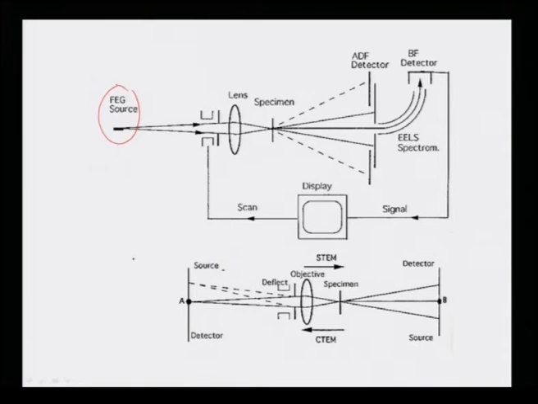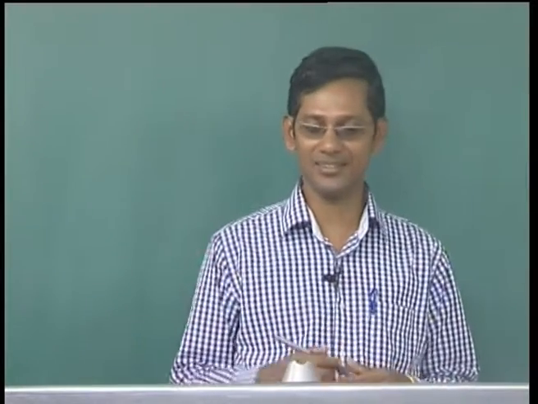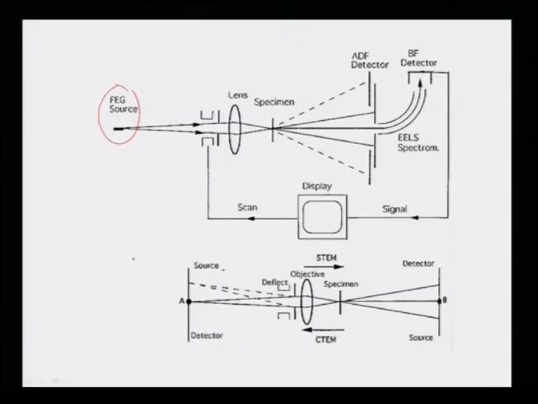Once the convergent beam falls on the specimen, it diffracts and gives you a diffraction disk. This diffraction disk can be either the transmitted electron beam or diffracted beams. Now, one can use different detectors below this specimen to obtain images using either the transmitted beam or the diffracted beam. So, that is basically the idea.